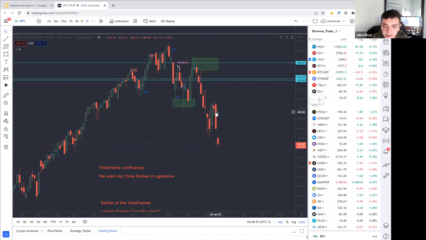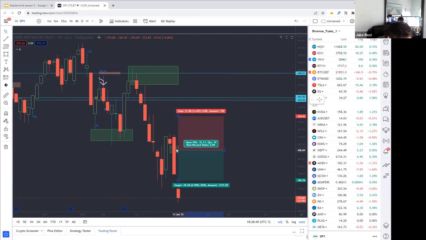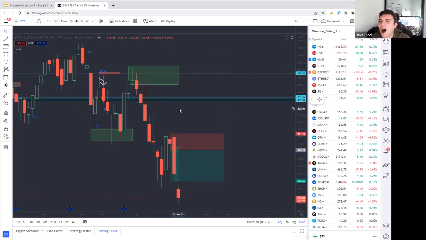But are we going to enter a day trade with an entry with a break below 406 with a stop above 417? No, right? No, absolutely not.